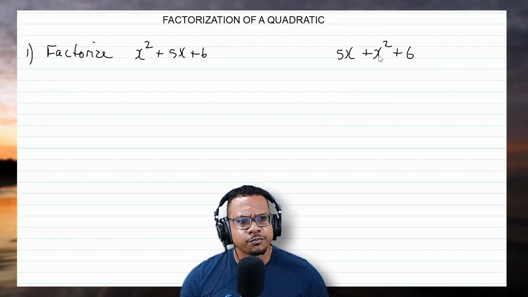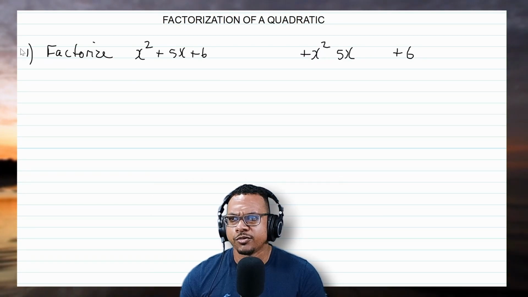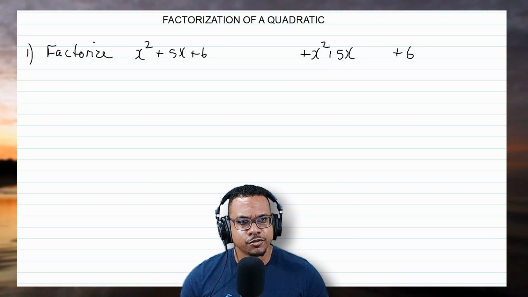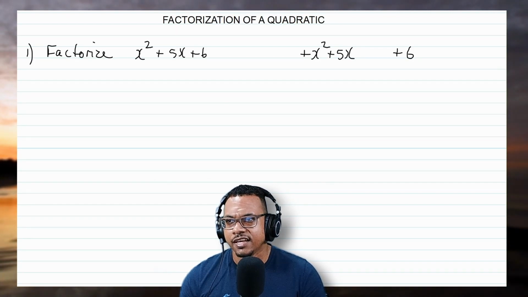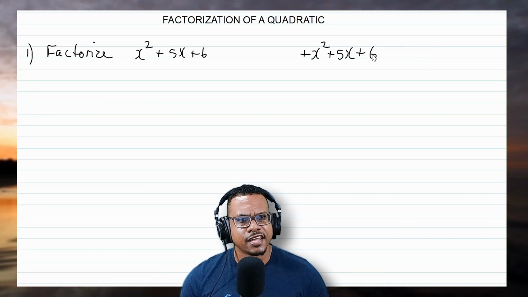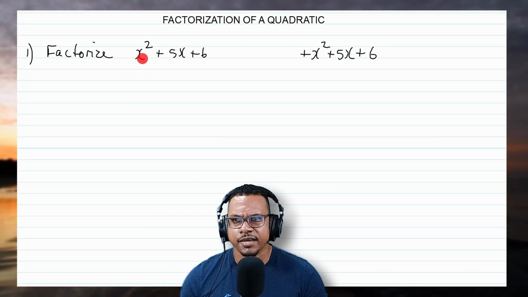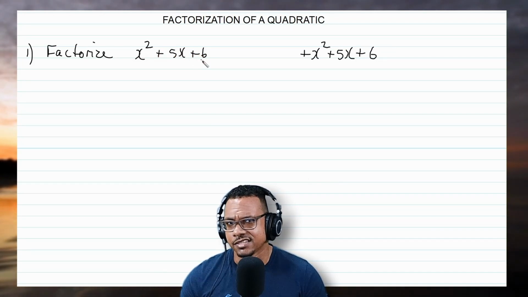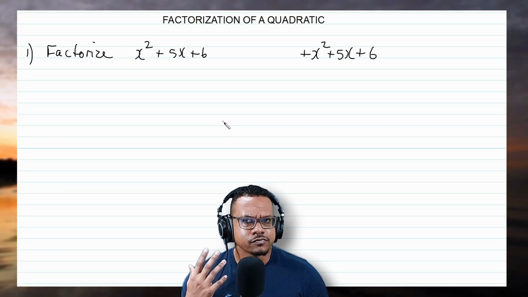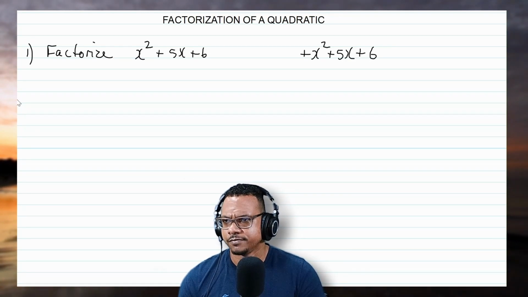So I would have to put this positive x squared in front of 5x. And now, of course, that 5 would be positive, so write the positive sign. And then bring the 6 like that to get back the same x squared plus 5x plus 6. All right, so it must be in that order.